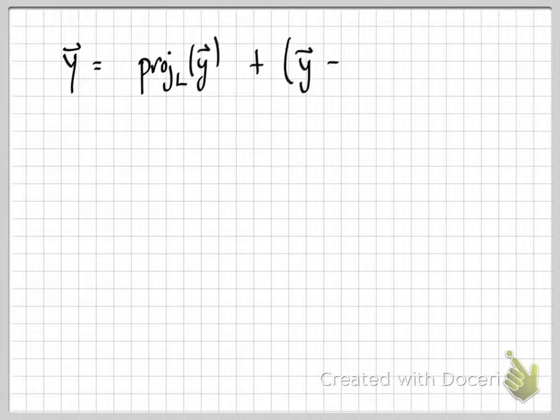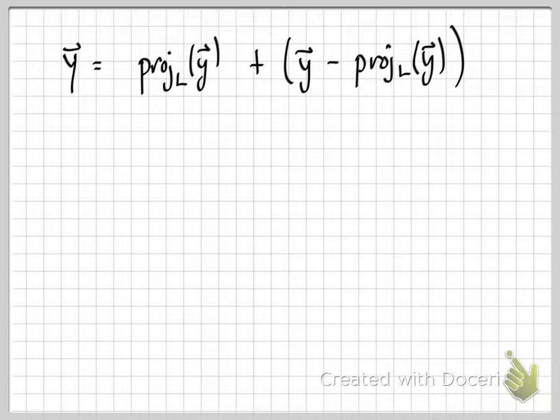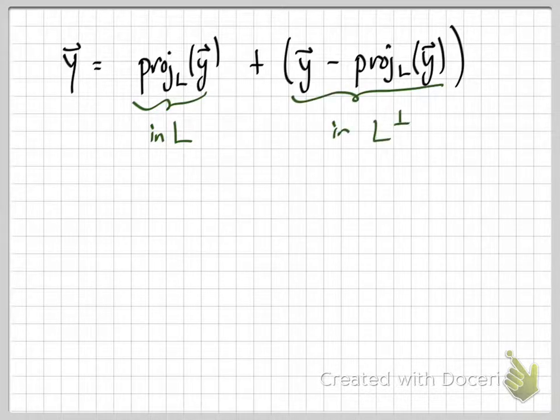So let's take a look at what this says. We can decompose y as the sum of the projection onto L of y, plus this orthogonal part, y minus the projection. This first piece is in L, and the second piece is in L perp.